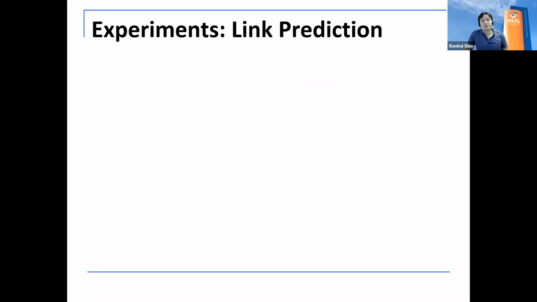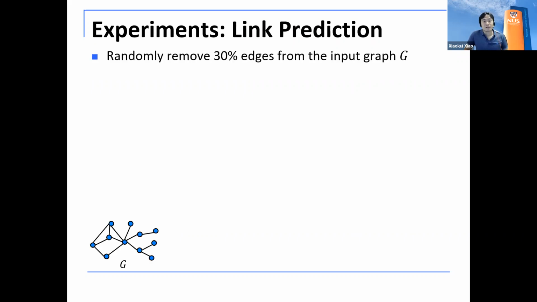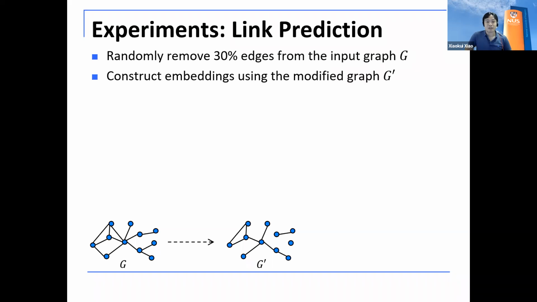Our first set of experiments focuses on link prediction. For this task, we first randomly remove 30% of the edges from the input graph. And then we construct the embeddings using the modified graph with some edges removed.